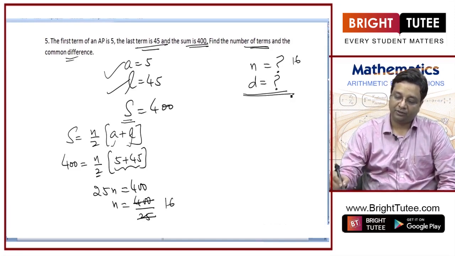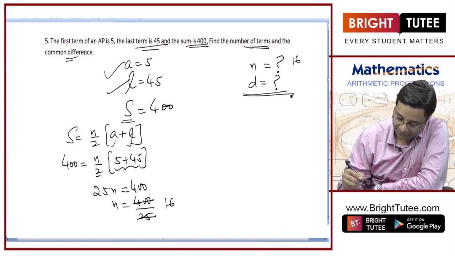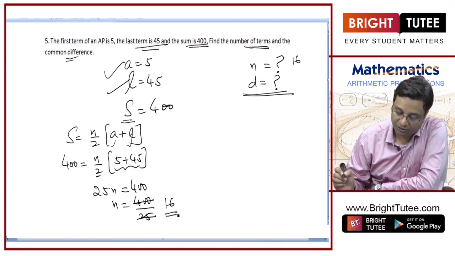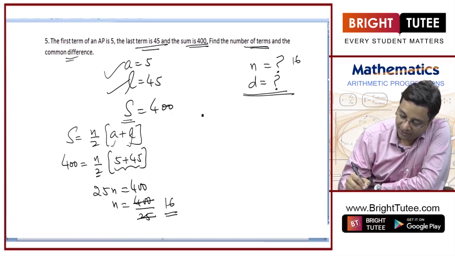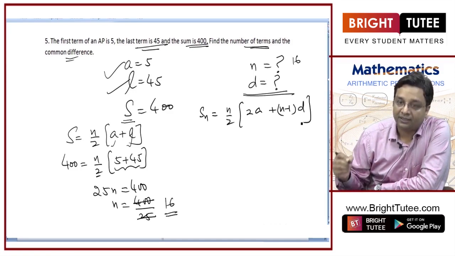Now we just need to calculate d. We can calculate d by using the formula for Sn, since n is equal to 16. Sn is equal to n by 2 (2a plus (n minus 1) into d), right?